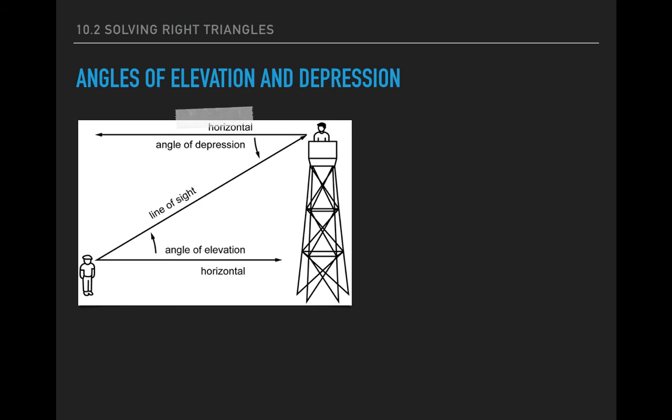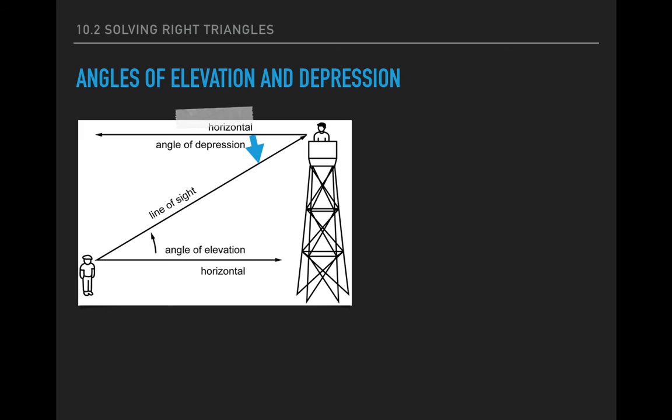Part of this lesson is being able to actually apply these trig ratios in real life and see, okay, why do people study these? Most often when we're working with these right triangles, it's due to the fact that we have angles of elevation or angles of depression. If we're looking at the angle of depression, you have a person or an object at a certain height, and the angle of depression is going to be from that horizontal line of sight downward.